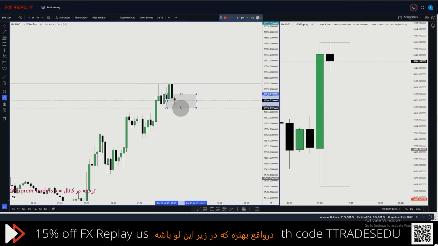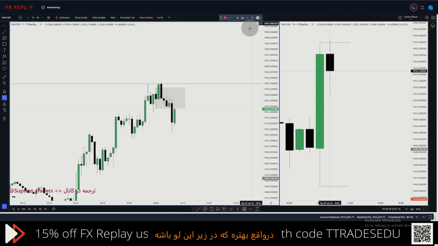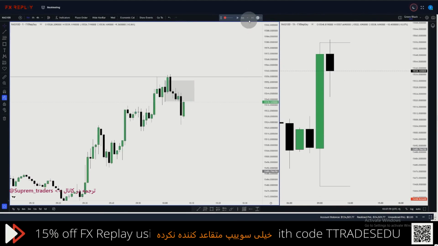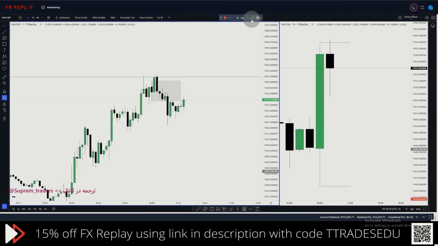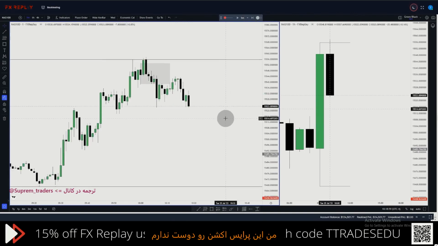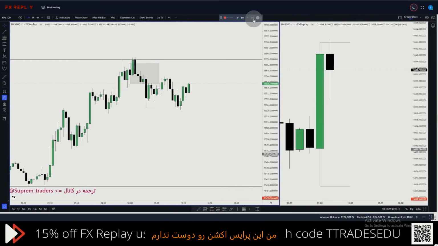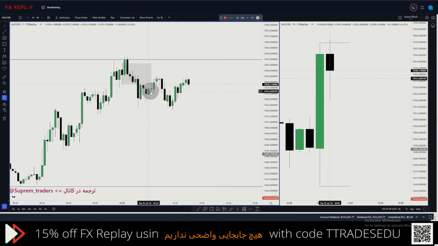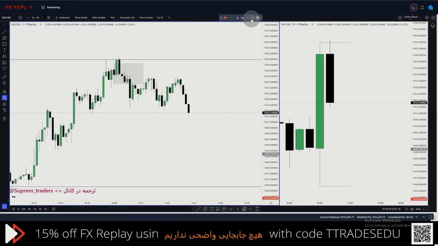Ideally, we would actually want to see it below that low. Okay. Not super convincing sweep there. I don't really like this price action. There's no clear displacement.